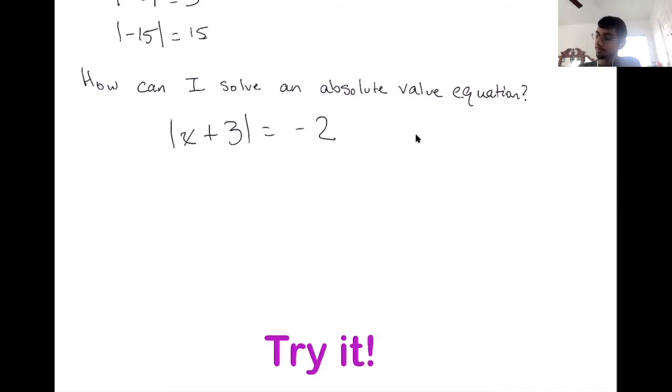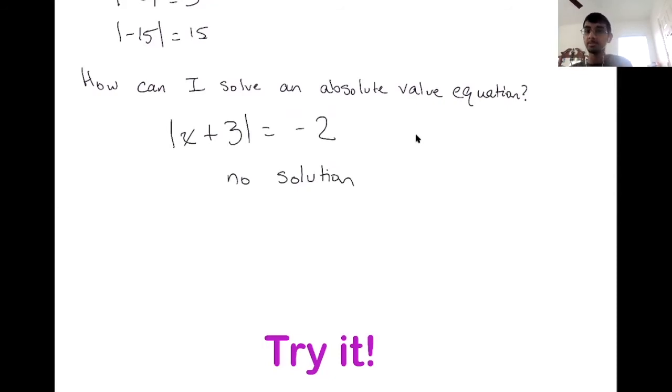Here's why. Absolute value equations can never be equal to a negative in the first step. So if you're ever given an absolute value equation and it's equal to something negative, then you know automatically that there would be what we call no solution, because it's impossible for an absolute value equation to be equal to a negative.